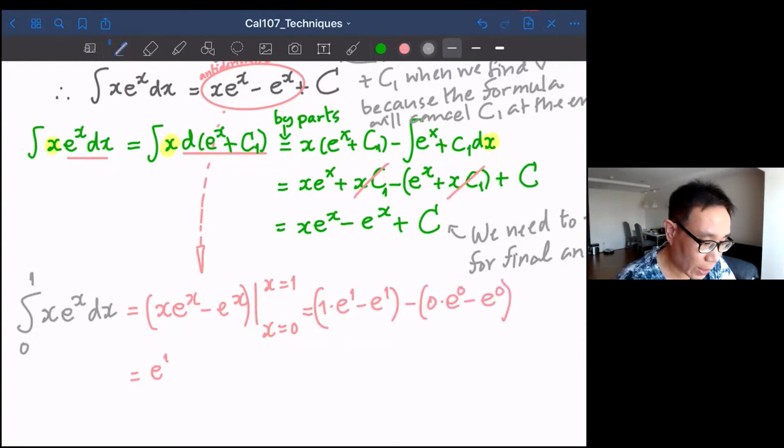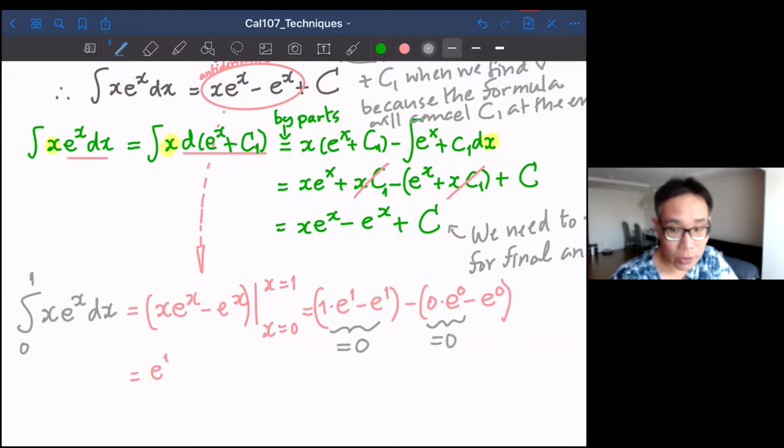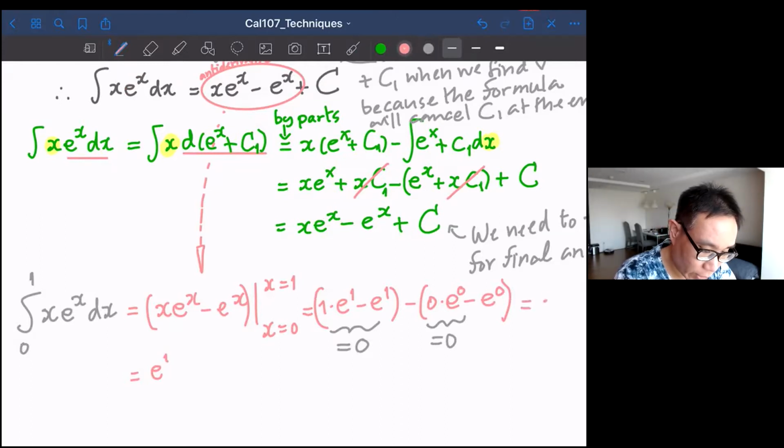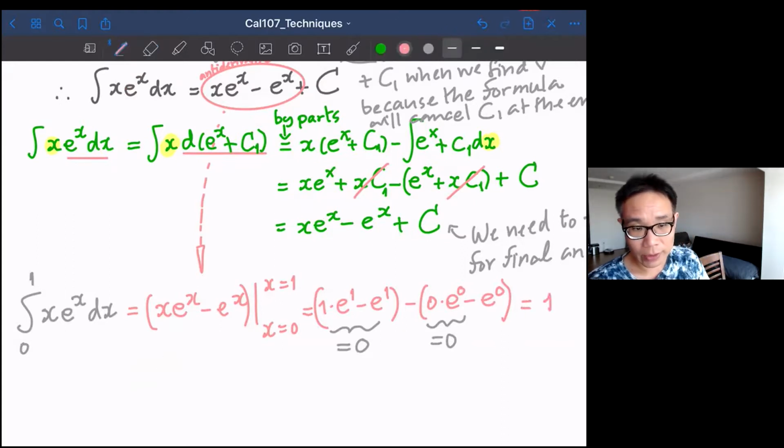Then e minus e equals 0 for this term, and this term equals 0. So you have minus e to the 0, which finally equals 1. So this will just be equal to the number 1. That's my final answer.